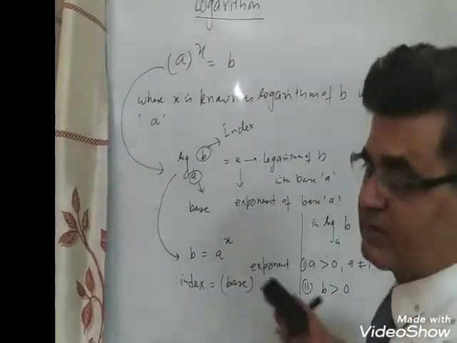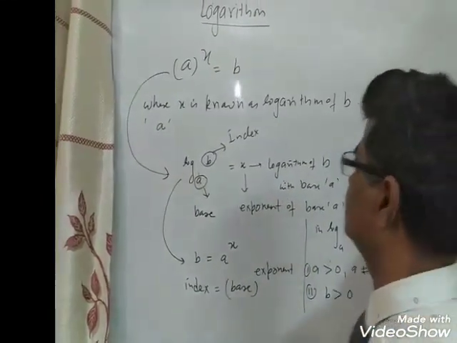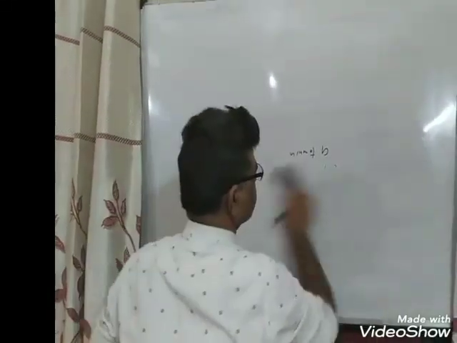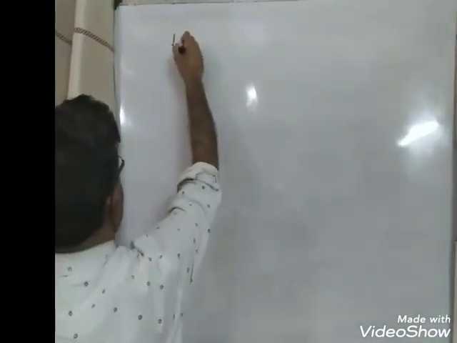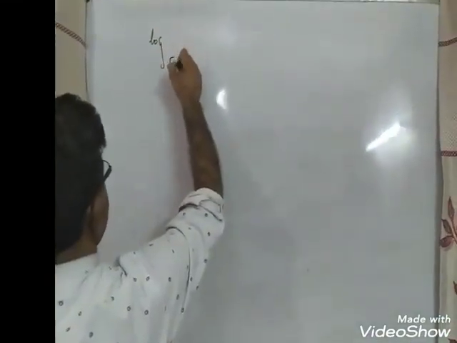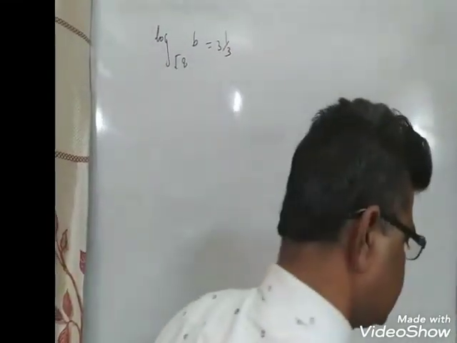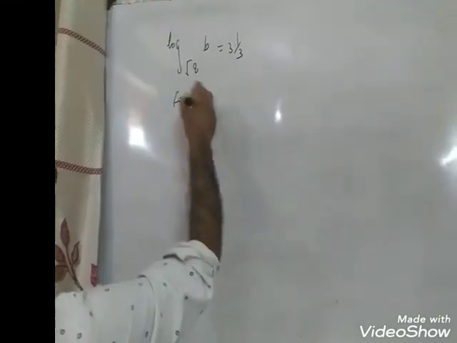Now we'll do some practice over the logarithm. Let log base root 8 of b be equal to 3 and 1 by 3, that is 10 by 3. Find b.